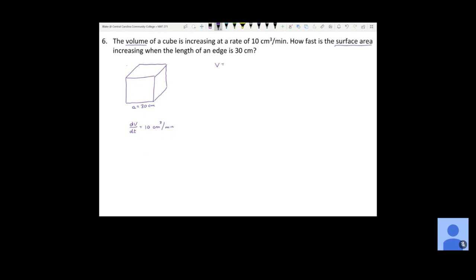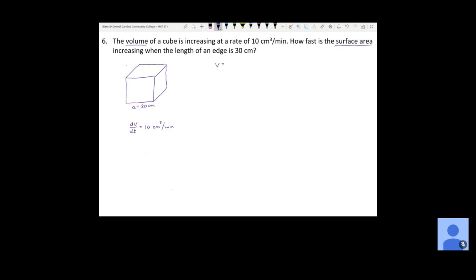How do we find the volume of a cube? Length times width times height. But if it's a cube, what do we know about length, width, and height? They're all the same, right?